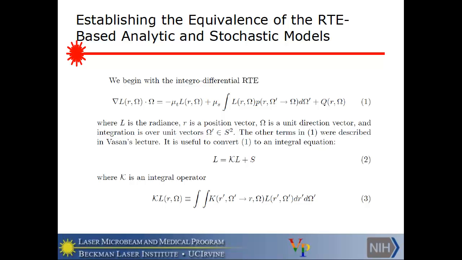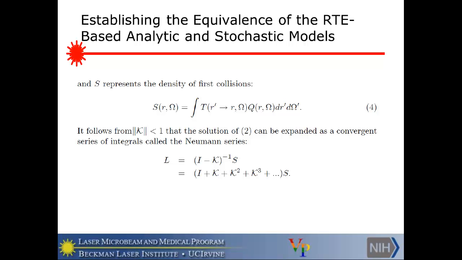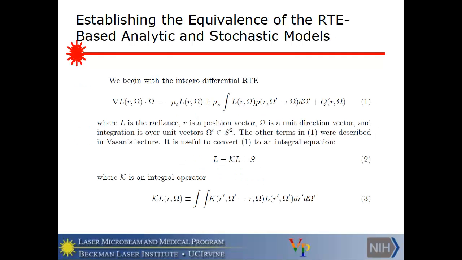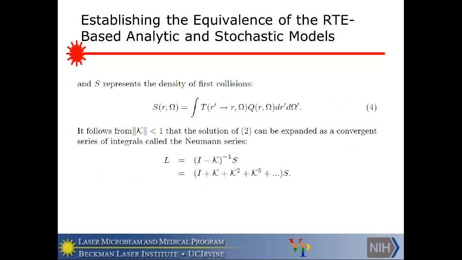Okay, with that in mind, S is back in this equation. The source function here is not Q anymore, but it's the first collision density. It's photons launched from Q and carried from r prime to r in the same direction, omega, by this exponential transport kernel T. Now it follows from the fact that the norm of K is less than 1.